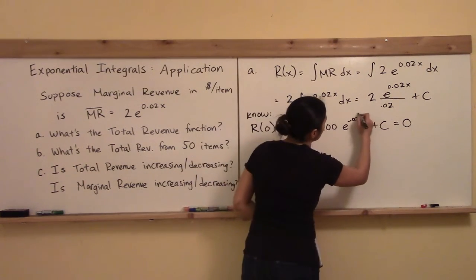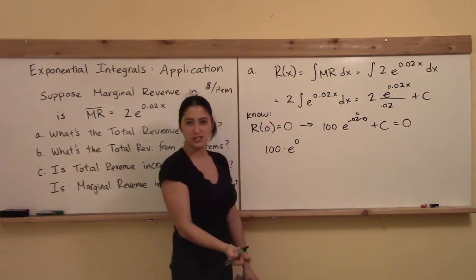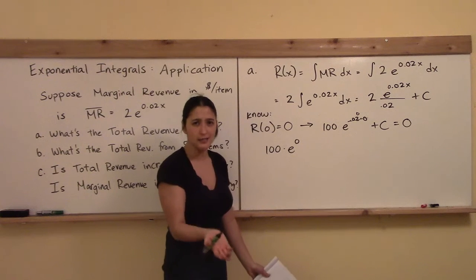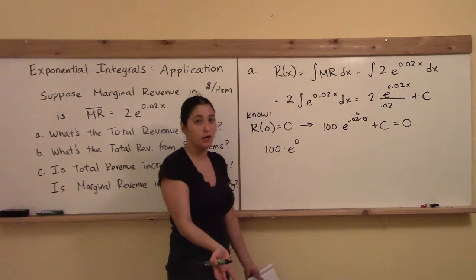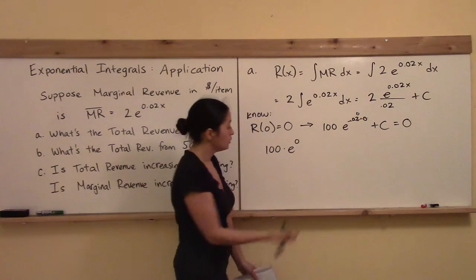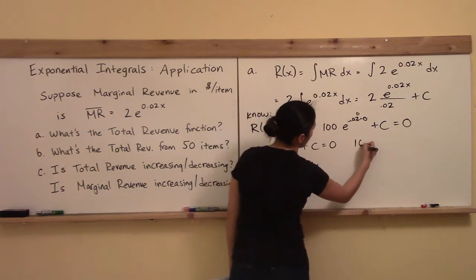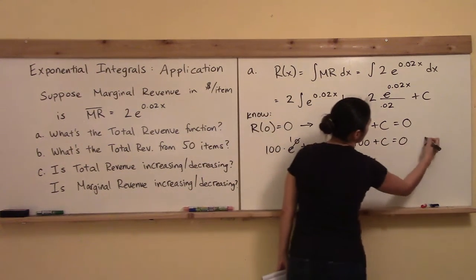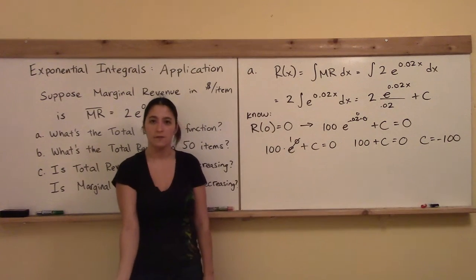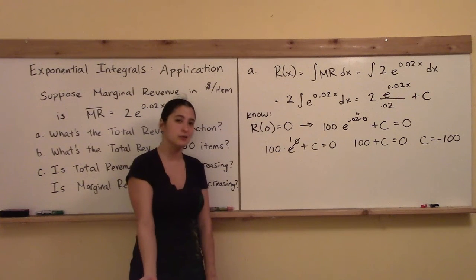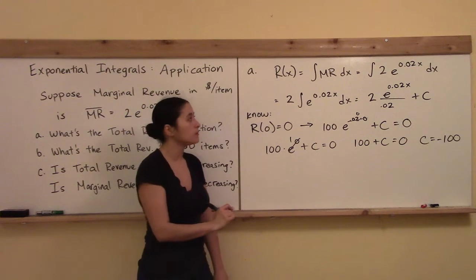But, okay, this is e to the 0, right? What's 100 times e to the 0? What's e to the 0? 1, right? It's not 0. In fact, e to the a is never equal to 0 for any value, positive or negative, of the exponent a. So this right here is 1, so 100 plus c is equal to 0, which translates into that c is equal to negative 100. You see that? c is not always necessarily equal to 0 when you're doing this type of marginal revenue to total revenue problem.